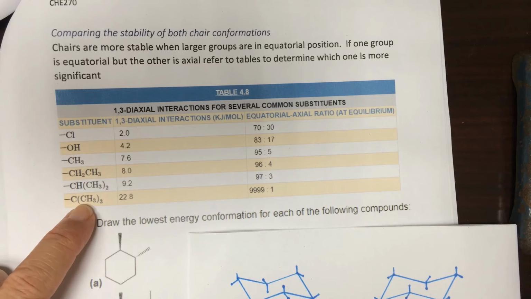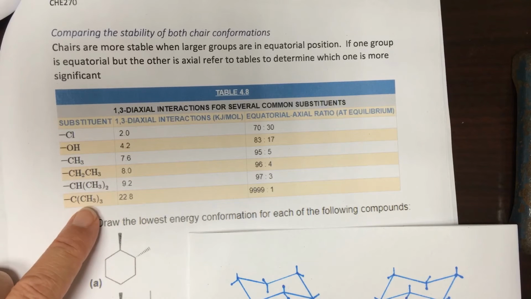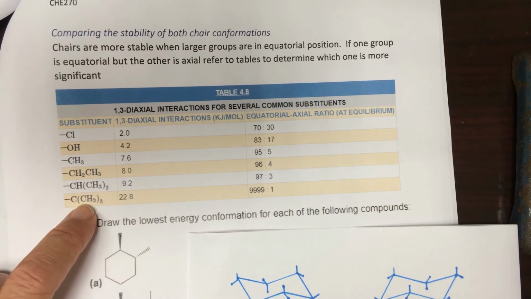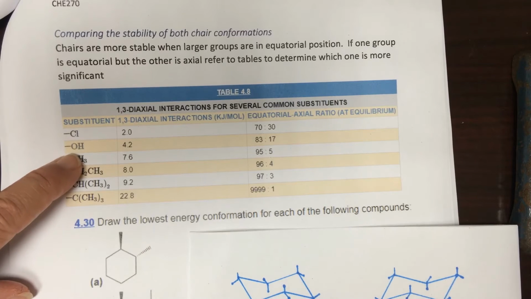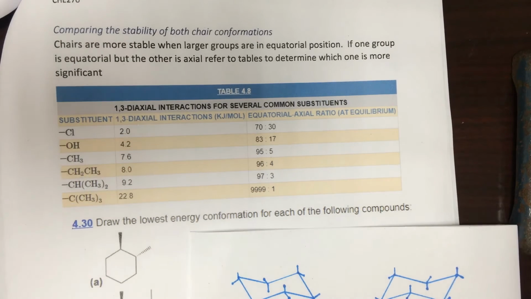Now, a large t-butyl group will almost lock the position into the equatorial position because it's so much more stable that way. And you can see a chlorine has a little effect, hydroxy a little more, a methyl group a bit more, and as the groups get larger, they get more favorable to put them in that equatorial position.